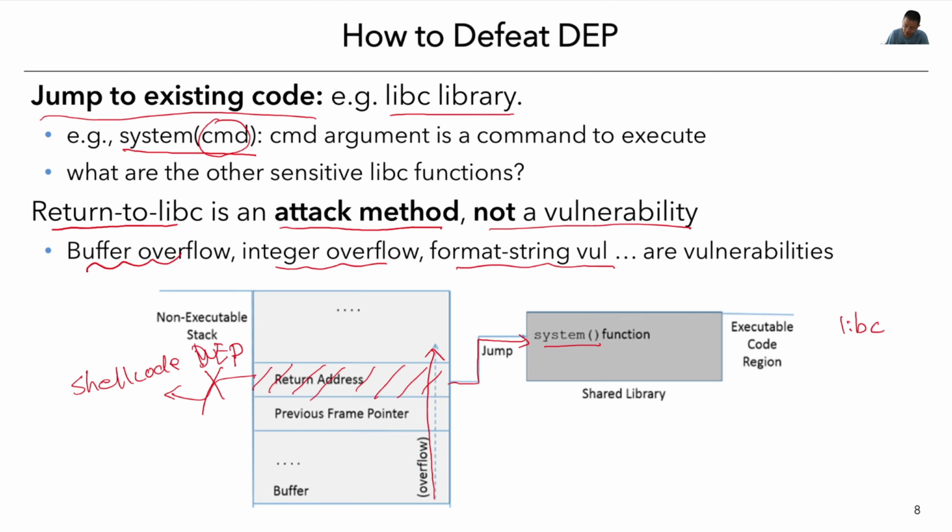Okay, so it's actually equivalent, right? The system function can do anything the shellcode can do.